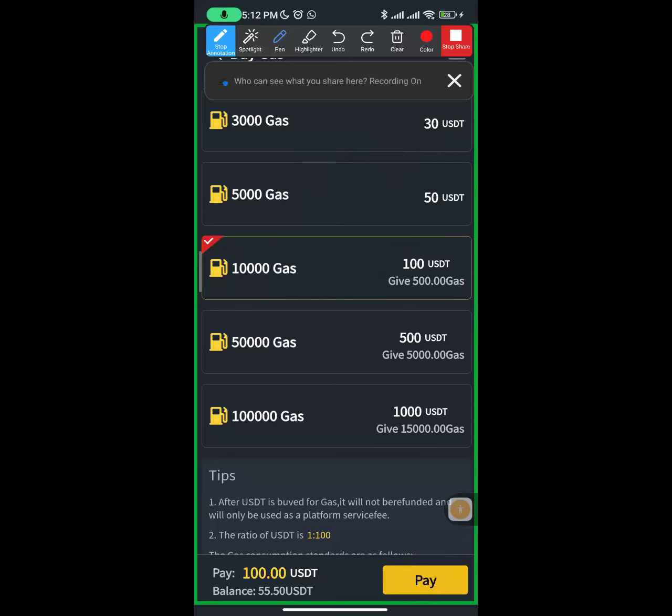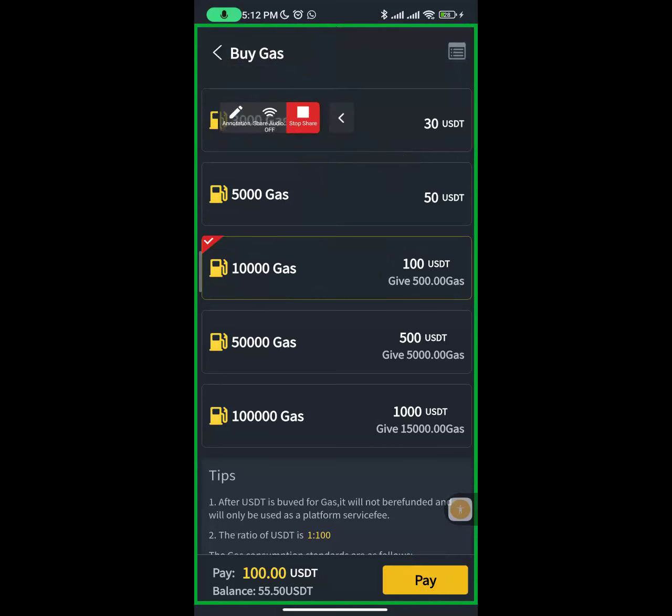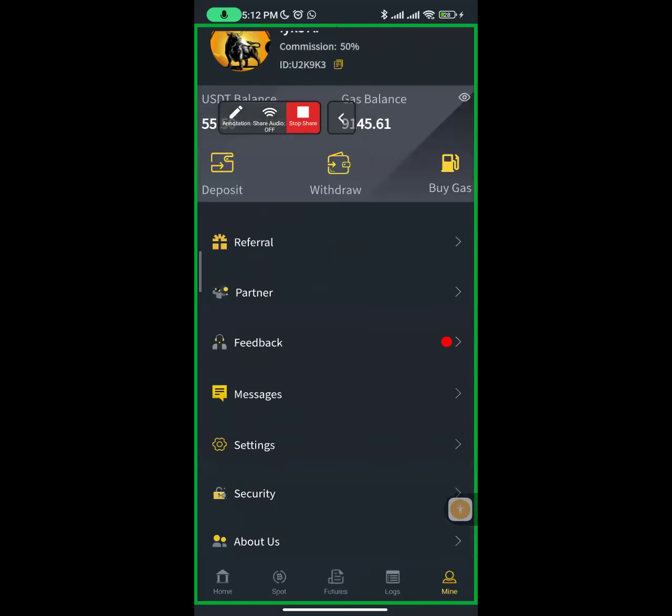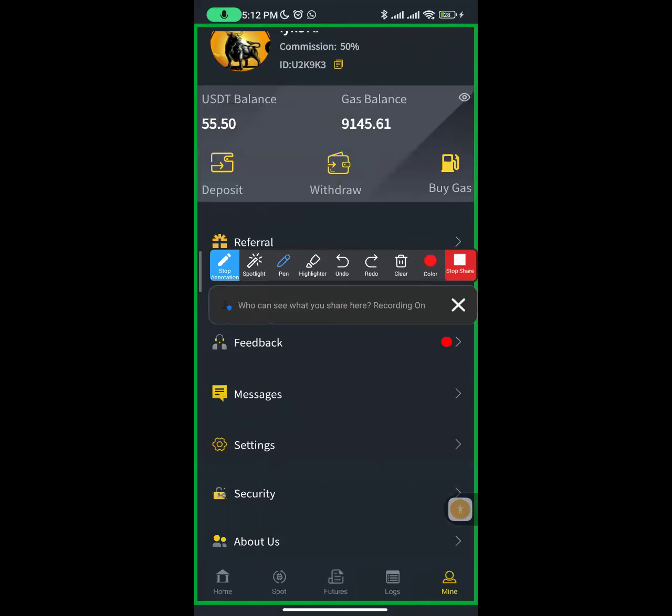And you can do some reviews to get more gas. I'm trying to dive in and be very fast. Once you've done this, your USDT is converted to gas. So you then see it appears here as gas.